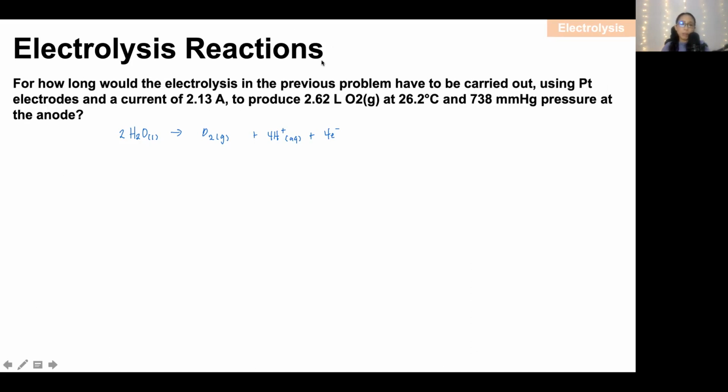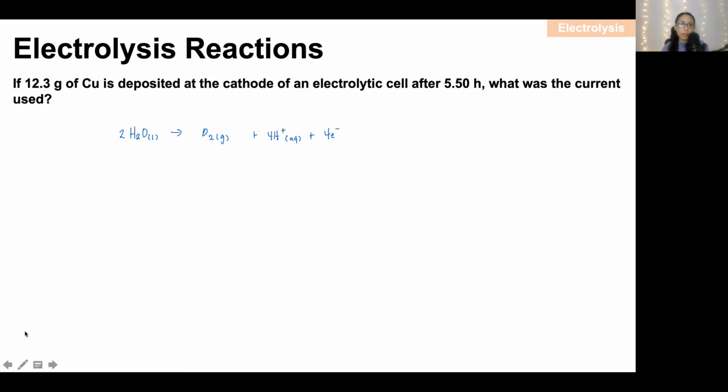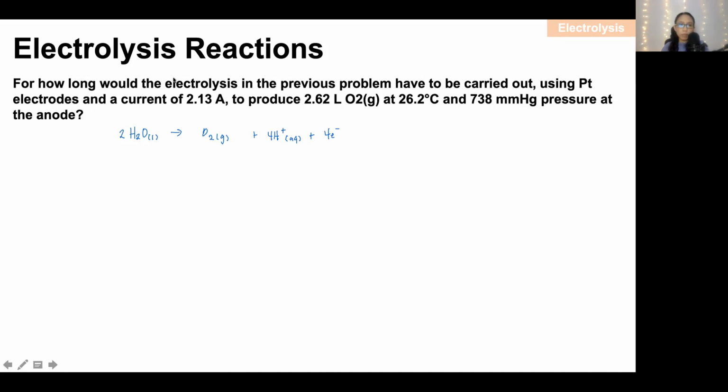So, moles of oxygen gas is equal to, we are given the volume, the temperature, the pressure. What equation will we use to get the moles of gas? It's PV equals nRT, your ideal gas equation. Okay, so we are after n.